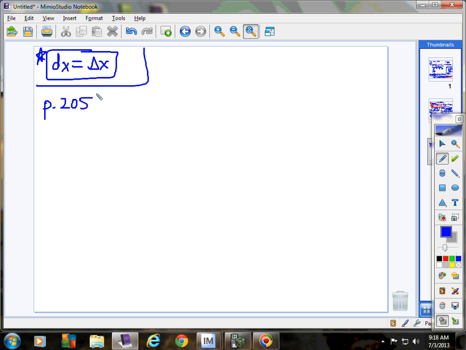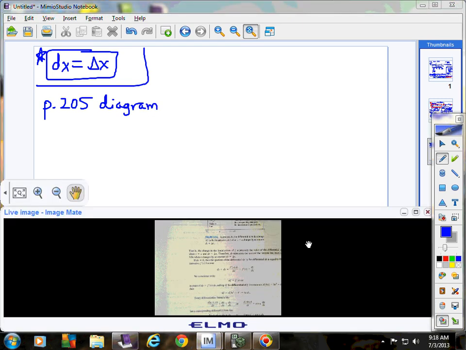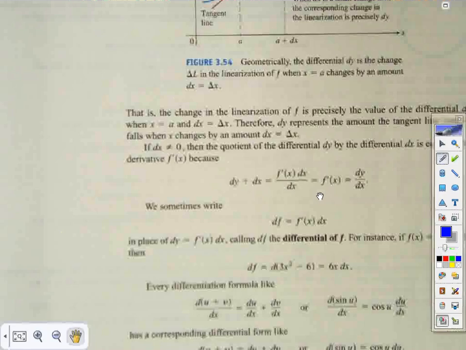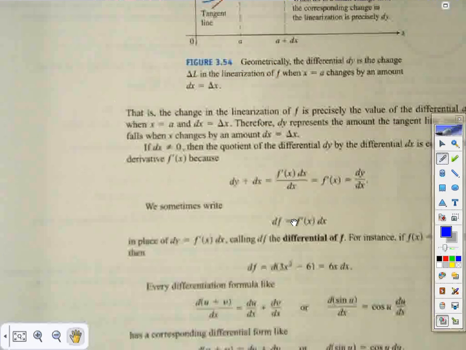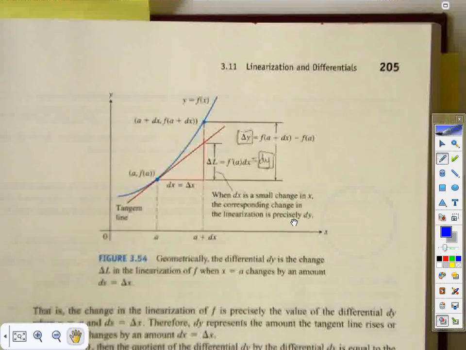Now, in your book, you've got a very good diagram on page 205. Put a star by that figure. Let me pull it up on the Elmo here. I want you to pencil in something that's not in your book's diagram.